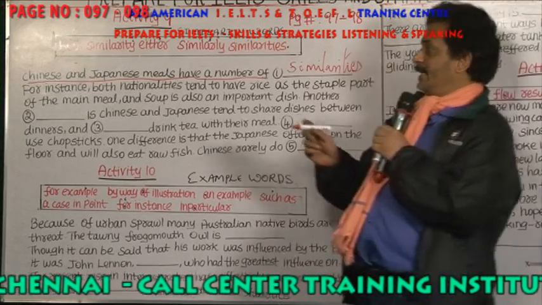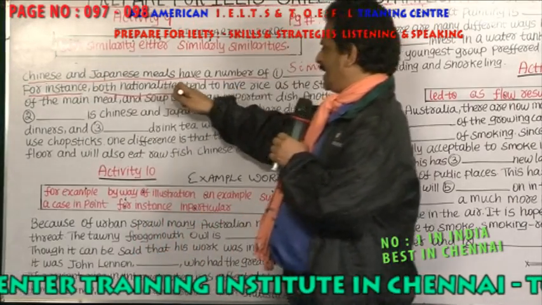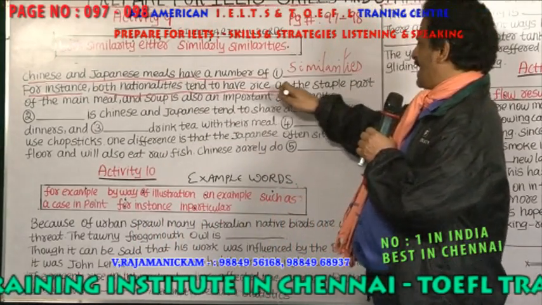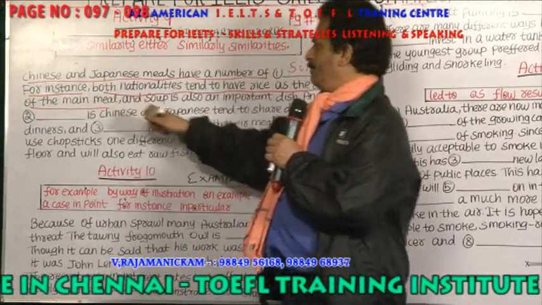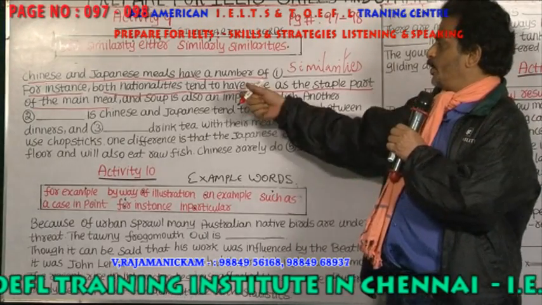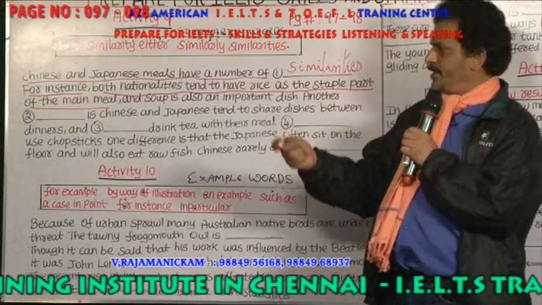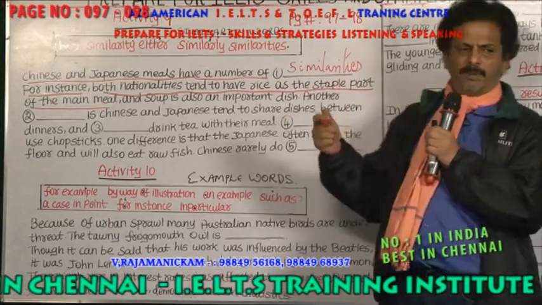For instance, both nationalities tend to have rice as the staple part of the main meal. What do you mean by nationalities? The people who live over there tend, they're interested to have rice as a staple. What do you mean by staple?